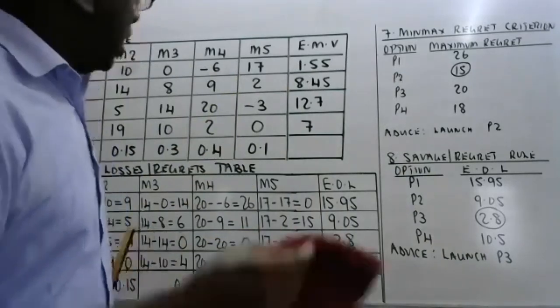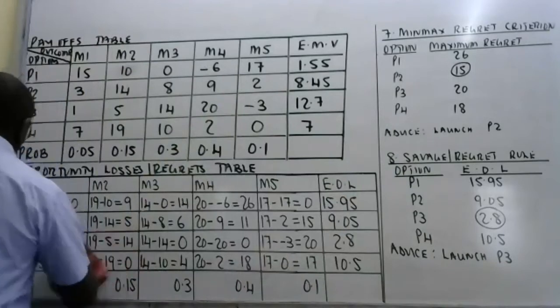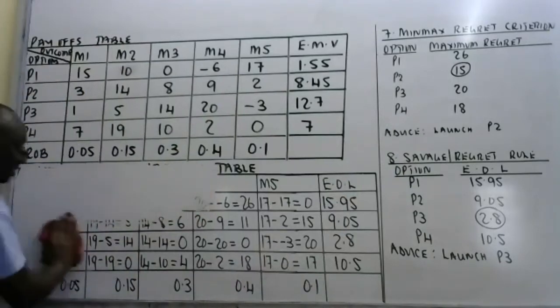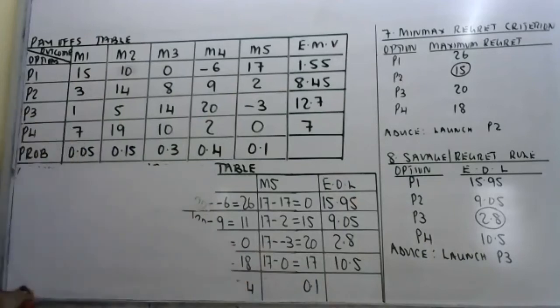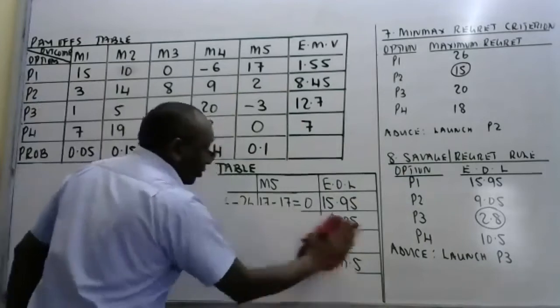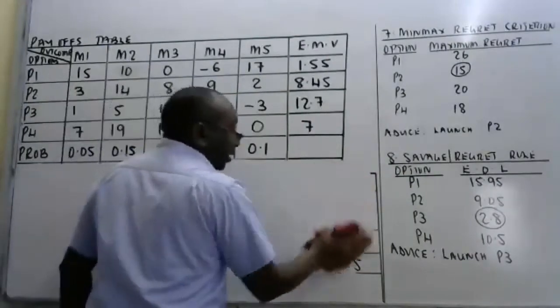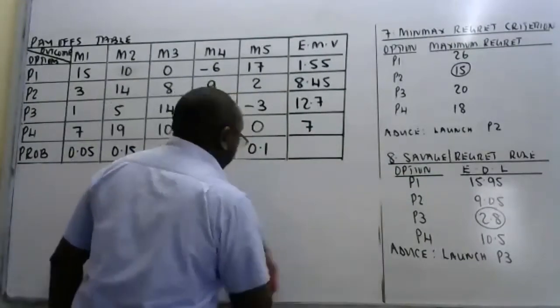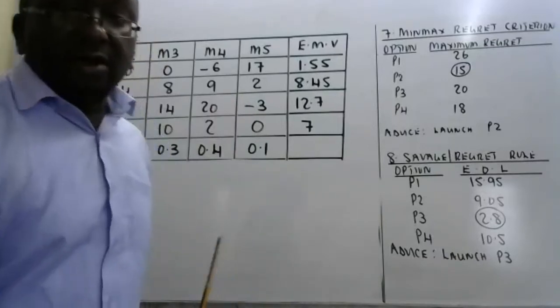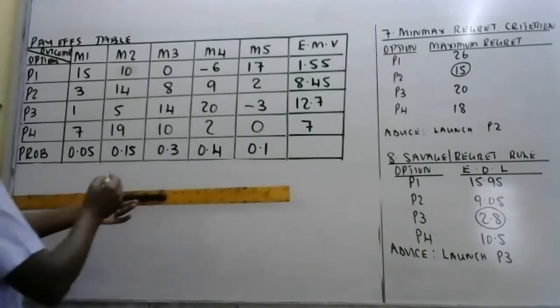So I hope we are together at that point. The last thing that I want to show you as far as the CGOs are concerned is called value of information.